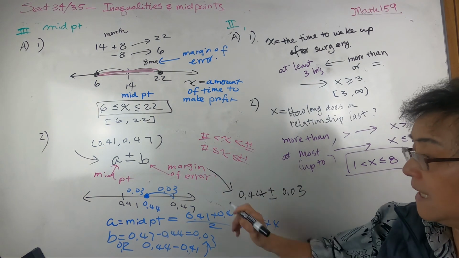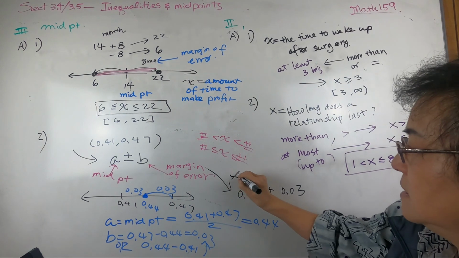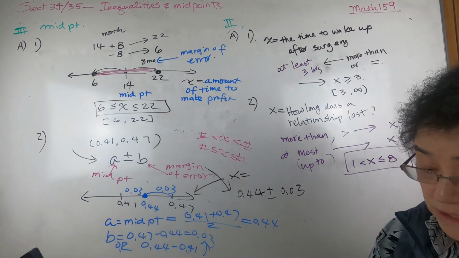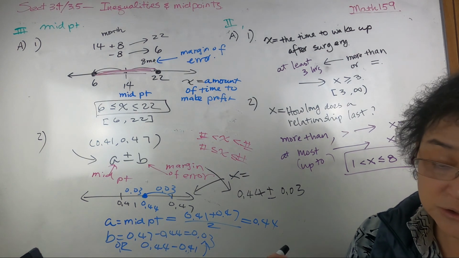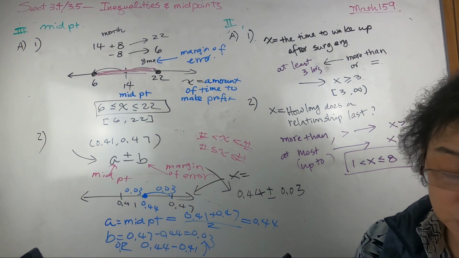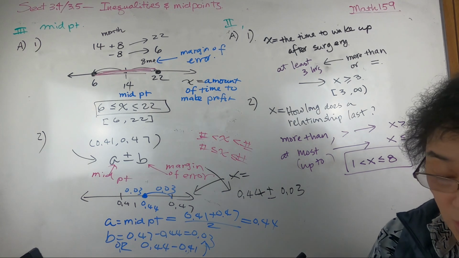Okay, then like this one, what's your x? For this, x is what? 1,000 Americans were asked if they thought abortion should be against the law.